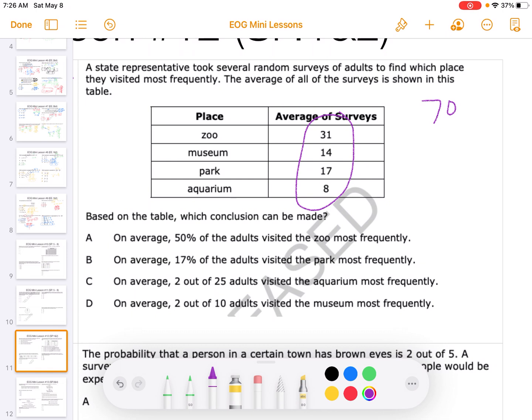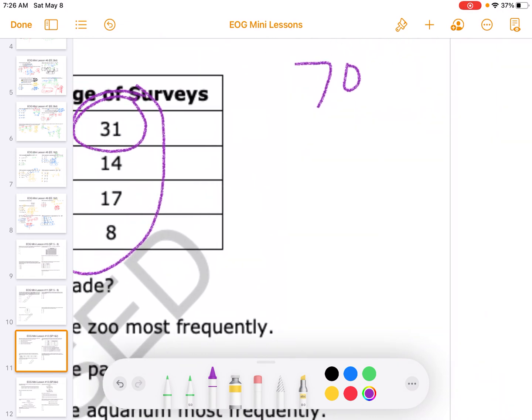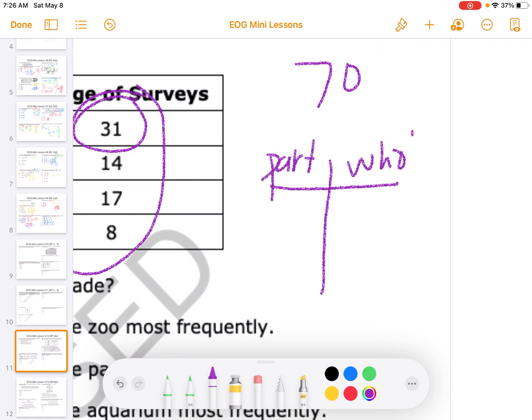So I can use his calculator. Okay, so it says 50% of the adults visited the zoo most frequently. Well, let's see. So we have part and we have whole. So 31 out of 70 went to the zoo.